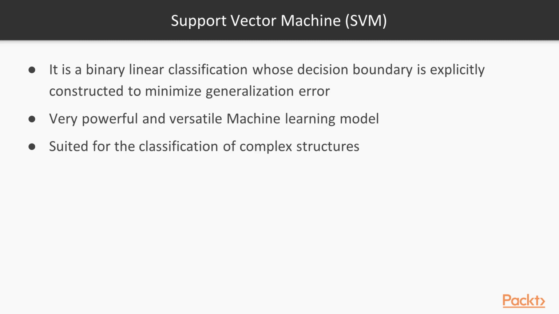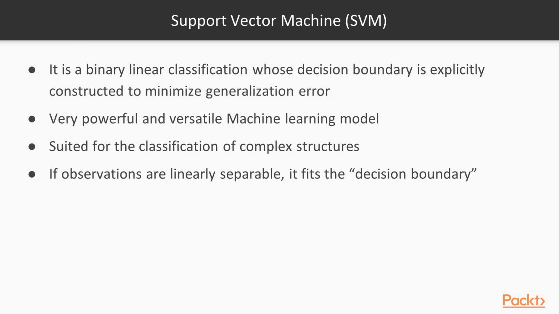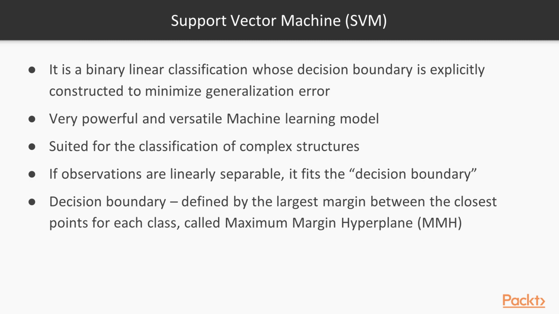It is well suited for the classification of complex but small or medium data sets. Not really great for very large data sets. And if the observations are linearly separable, SVM fits a decision boundary that is defined by the largest margin between the closest points for each class. This is commonly called the maximum margin hyperplane.